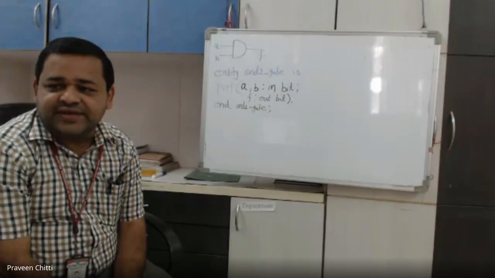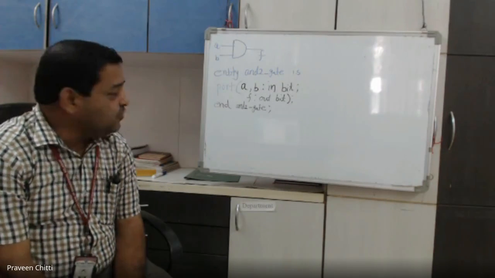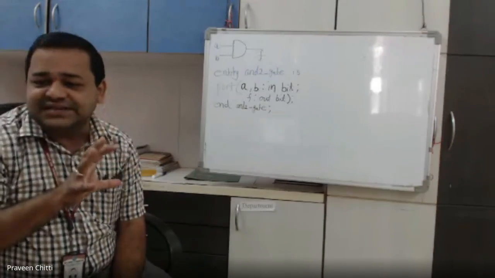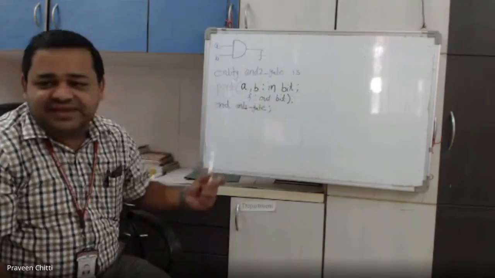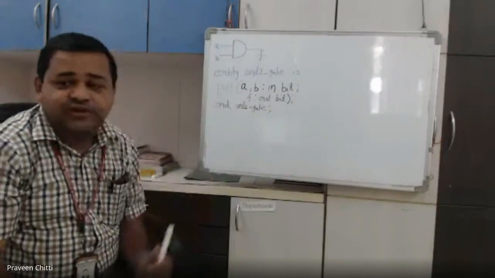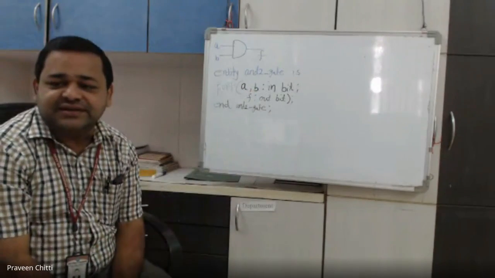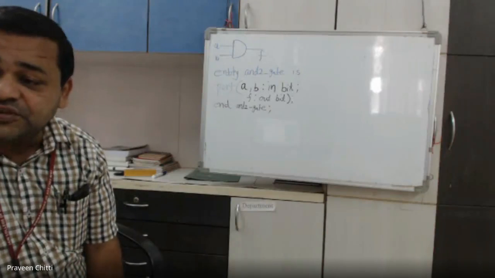What information can you get from this part? If I ask you to read that and tell me what information you are getting from the entity, you don't know what the design is. Don't go by the name. We have given a meaningful name here, but what information are you getting from the entity? A and B are input, and the type is also given.